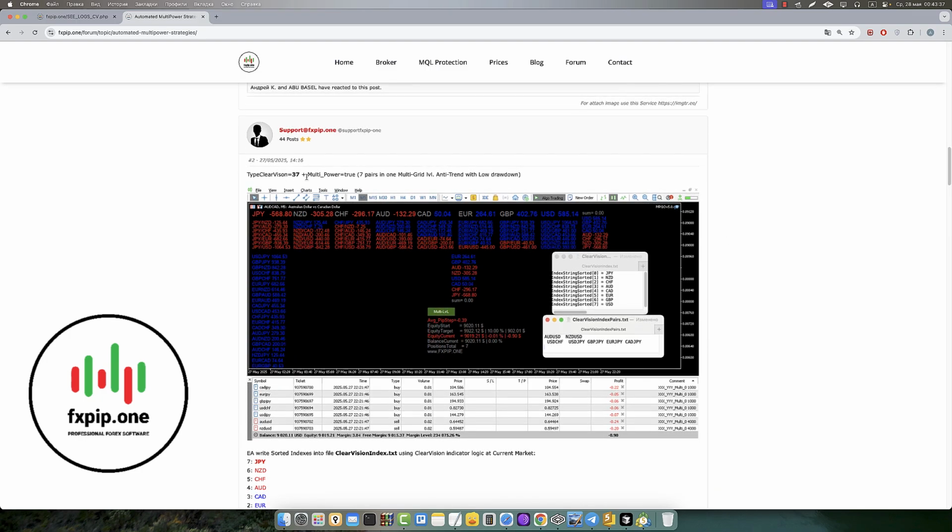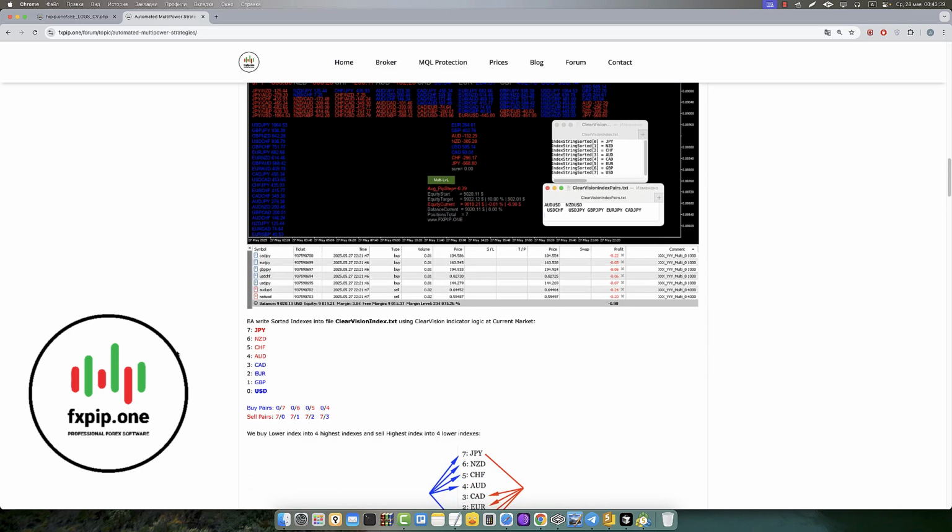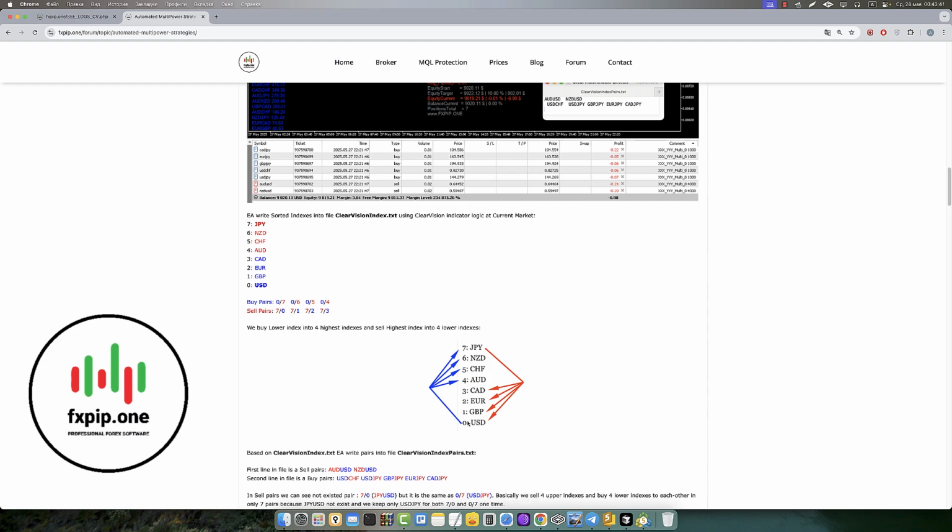So strategy 37, it's sell JPY through the CAD, Euro, GBP and USD. We sell, it means we buy these four currencies up to JPY, or we sell JPY down to the CAD, Euro, GBP and USD.